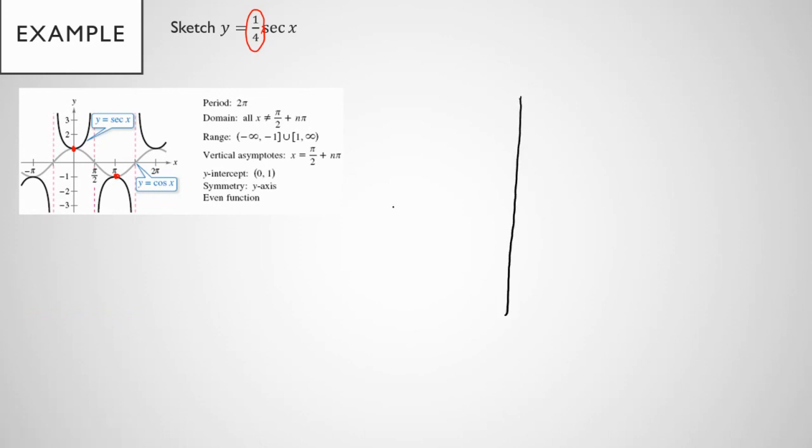I can use all this space. Nothing's changing on the x, so I can label those the same. And then I have 1, 2, -1, -2.